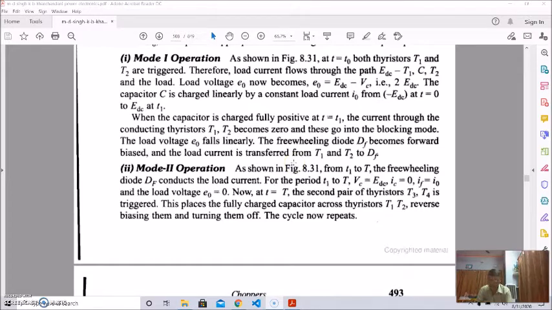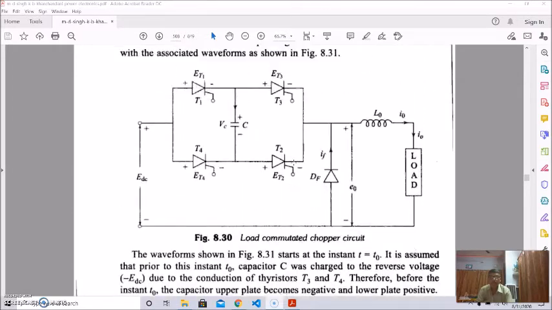Therefore, load current flows through the path from EDC to T1, then the capacitor C, then T2, and the load.